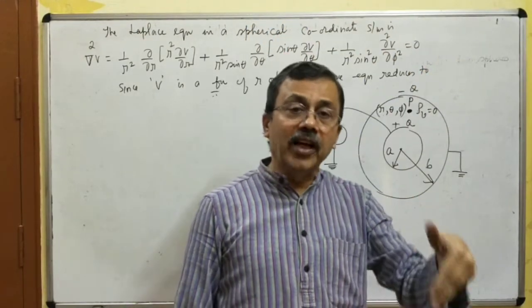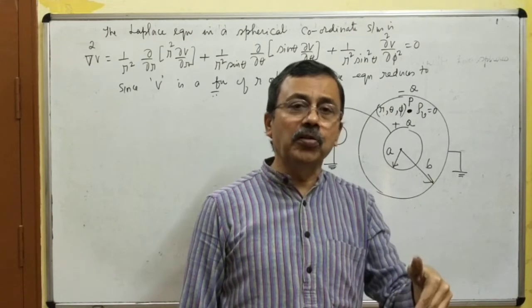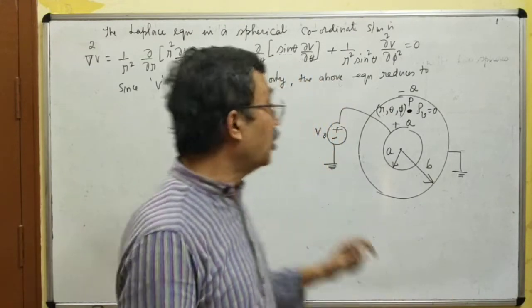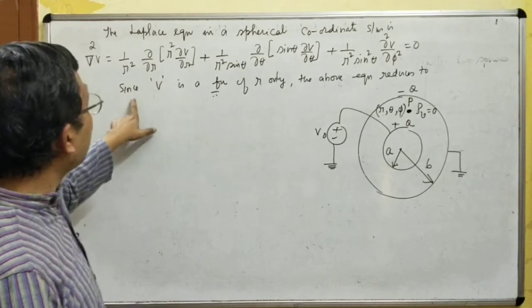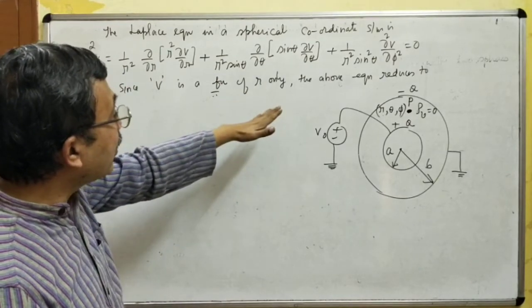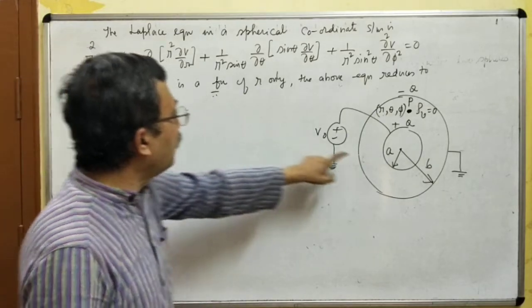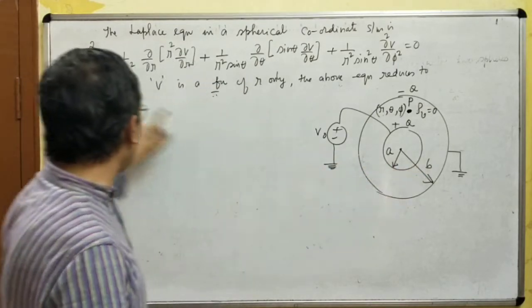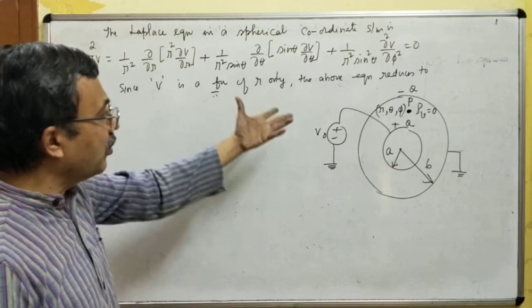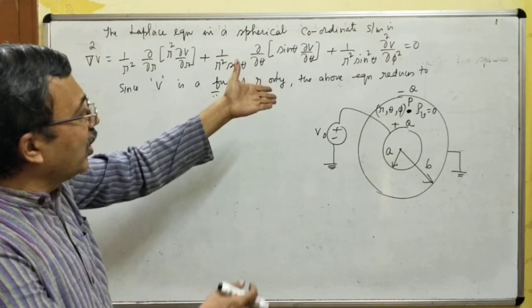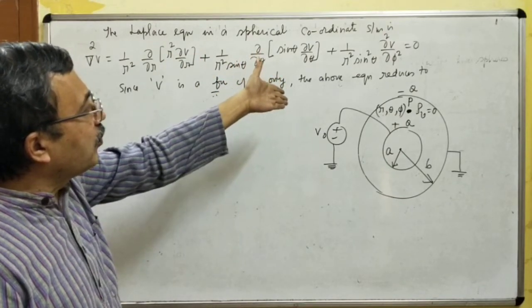Somehow, this three-dimensional equation has to be reduced into a one-dimensional equation. For that purpose, I have written, since V is a function of R only. That means when R equal to A, what is the value of V? It is V0. When R equal to B, what is the value of V? 0. That means V varies only along the radius of the system.